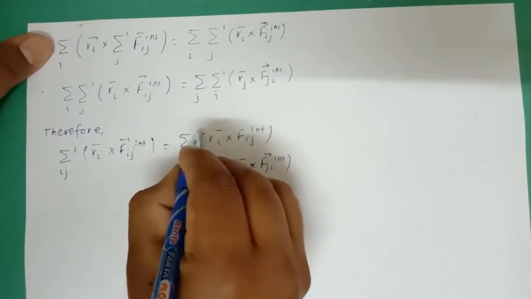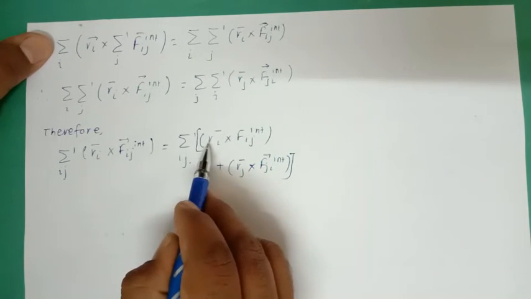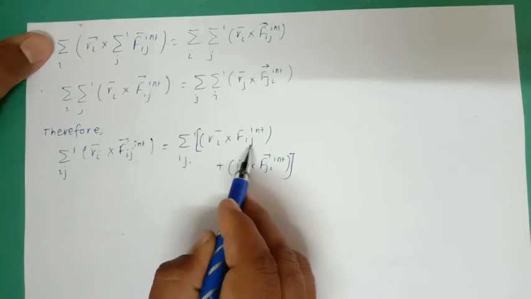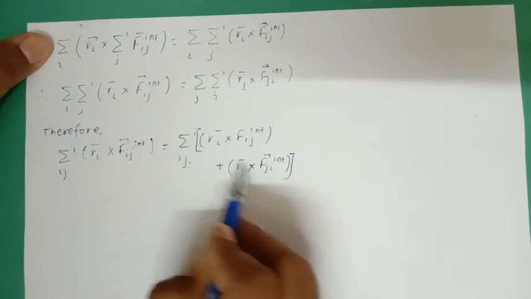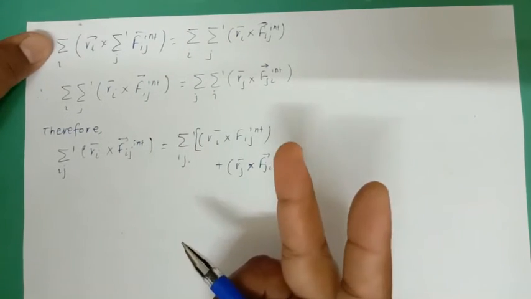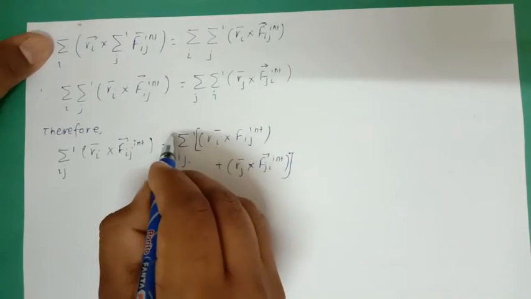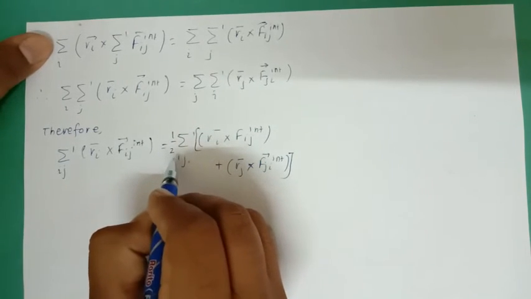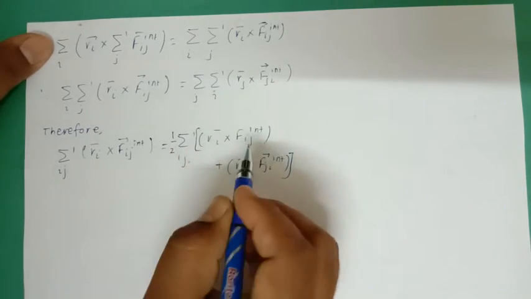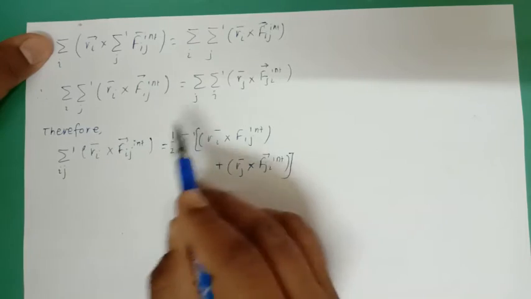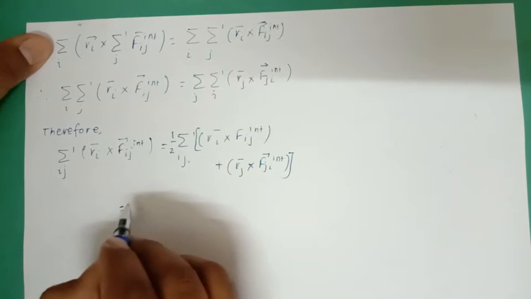So it is counting for the second time, and Ri Fij plus Rj Fji is again the same, so it is calculating this two times. In order to avoid this ambiguity, I just multiply this with half. Why am I multiplying by half? Because it counts this quantity twice. In order to cancel these two, I multiply by half. Okay, so this is all set.